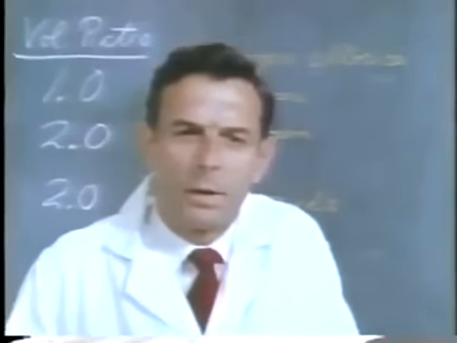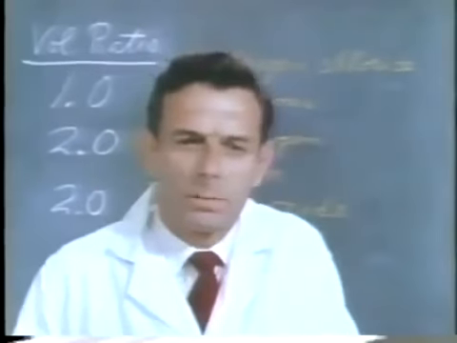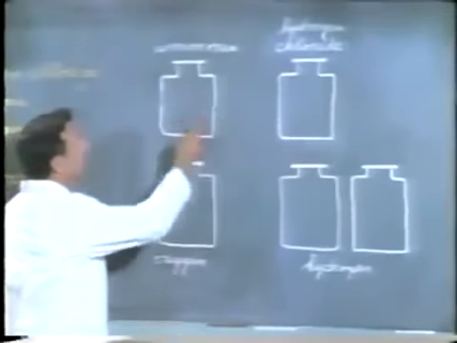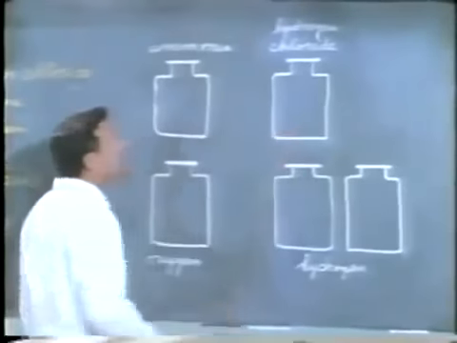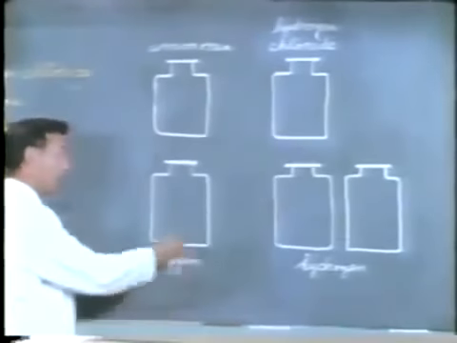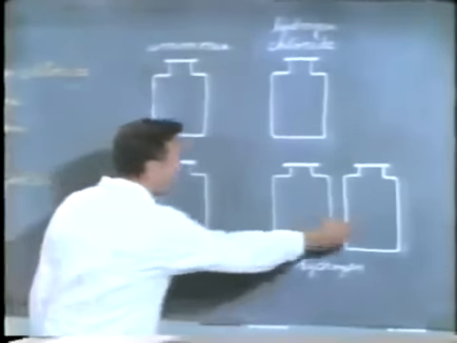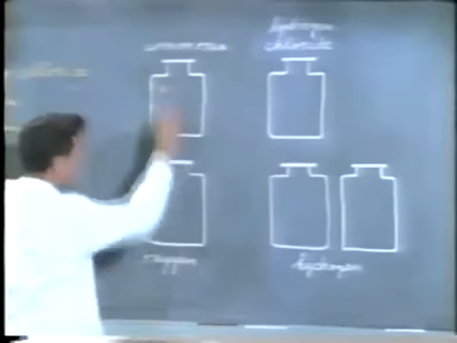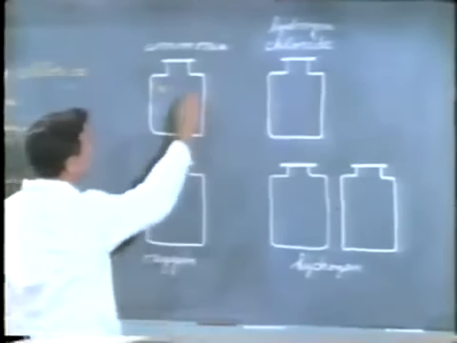How should we modify our particle model of a gas to explain these simple volume ratios? One volume of ammonia combines with one volume of hydrogen chloride. One volume of oxygen combines with two volumes of hydrogen. We picture these gases as collections of particles.